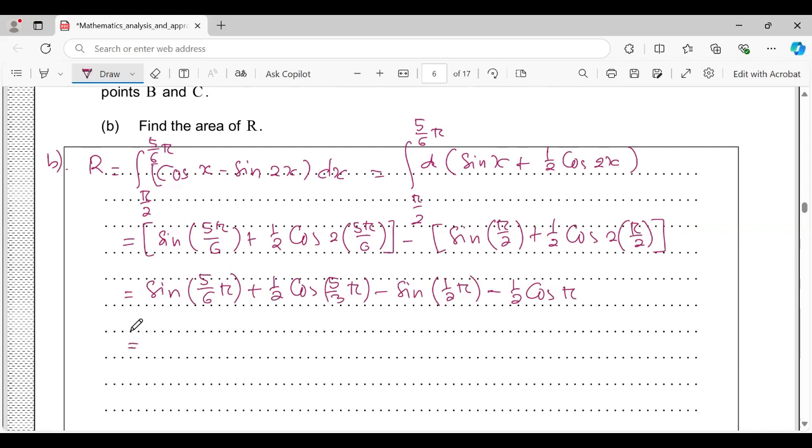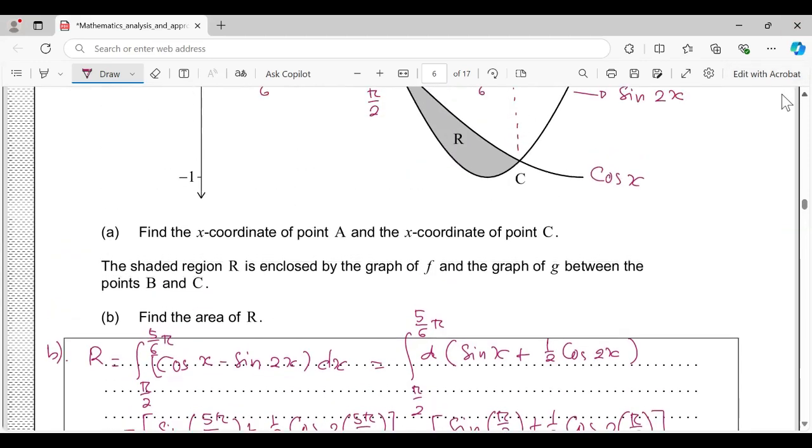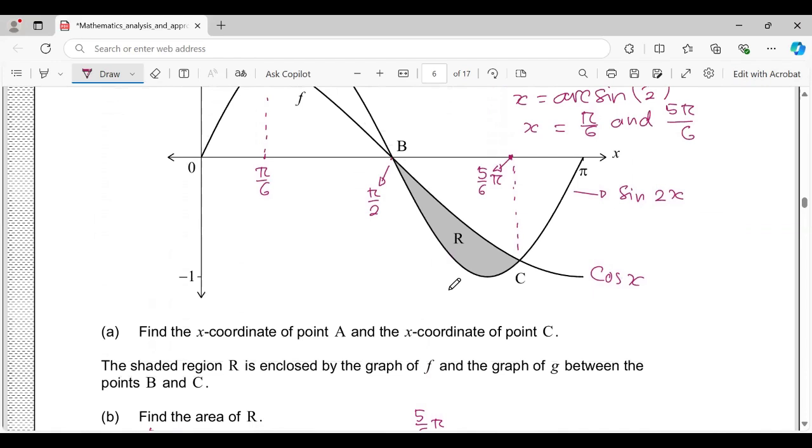And if you calculate it, the result will be 1 over 4. That's the area of this shaded region.